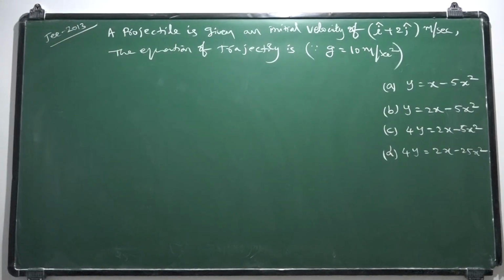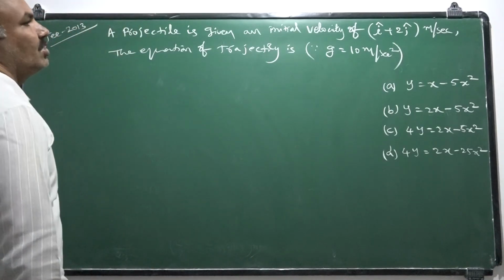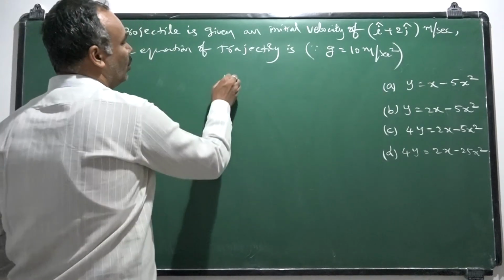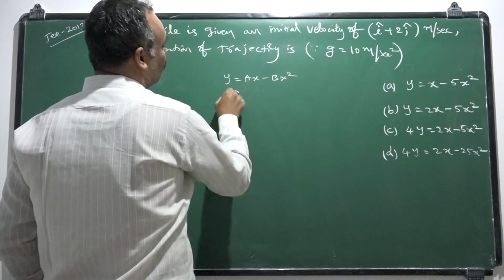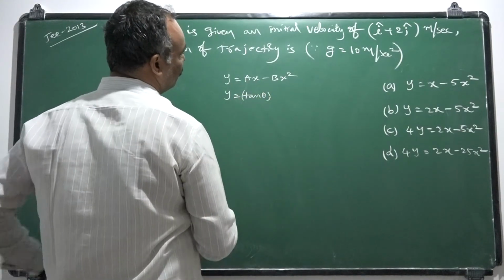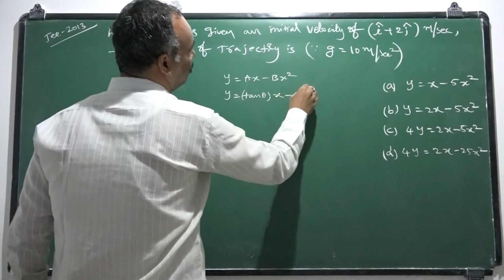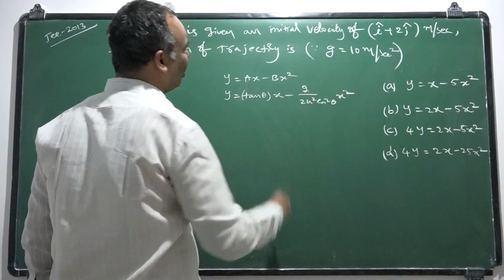You are asked to find the equation of trajectory. Generally, the equation of trajectory means y is equal to ax minus bx square. This is the general form. So y is equal to tan theta x minus g by 2u square cos square theta into x square. This is the general idea.